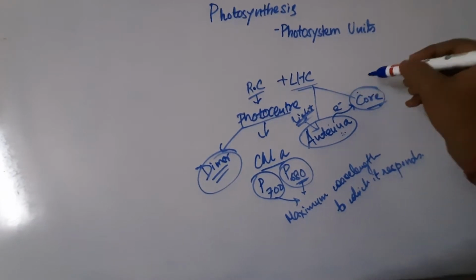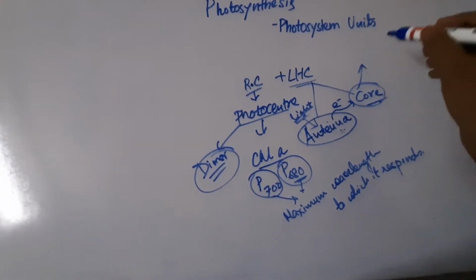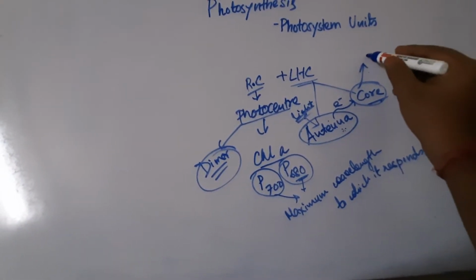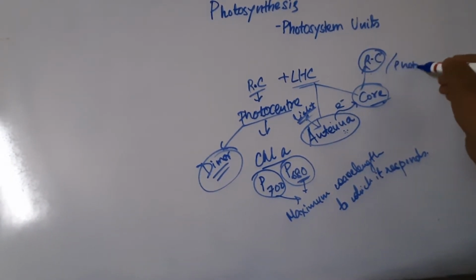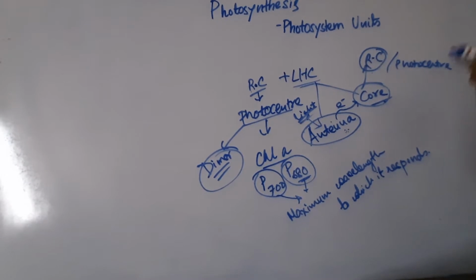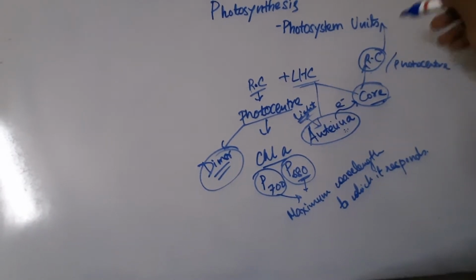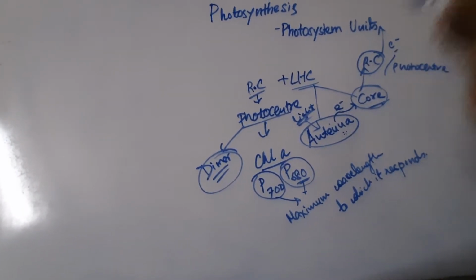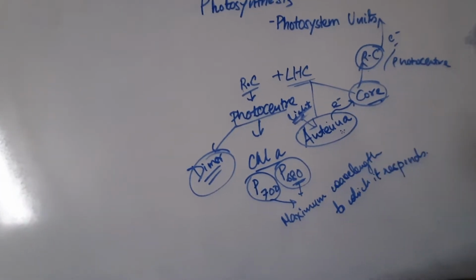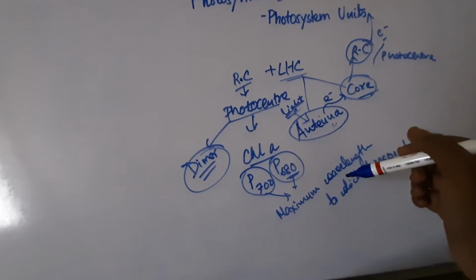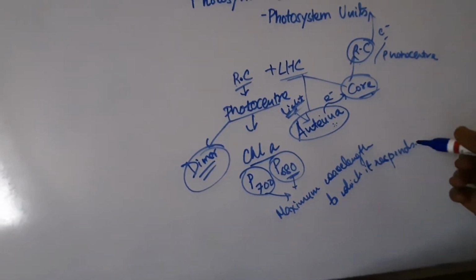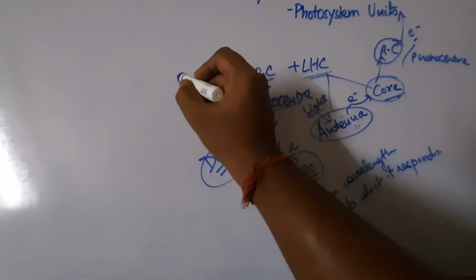So this core will excite the reaction center, or the photocenter, and this photocenter will give the electron and come into the ground state, and this process gets repeated. Let me show you a diagram.